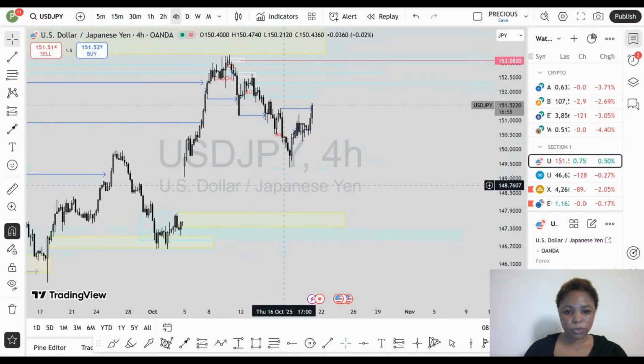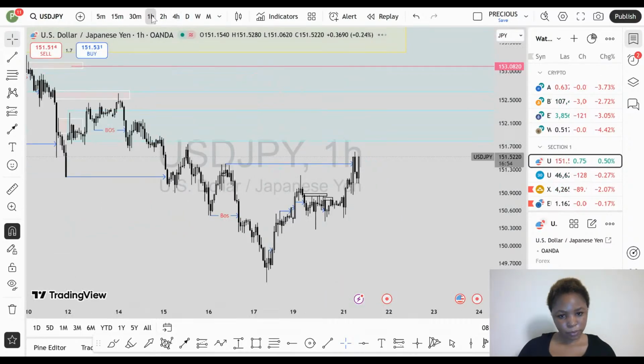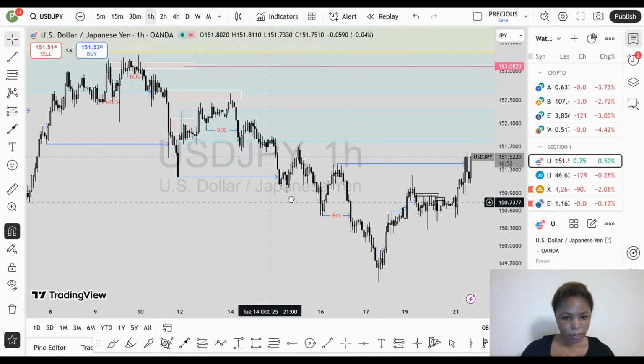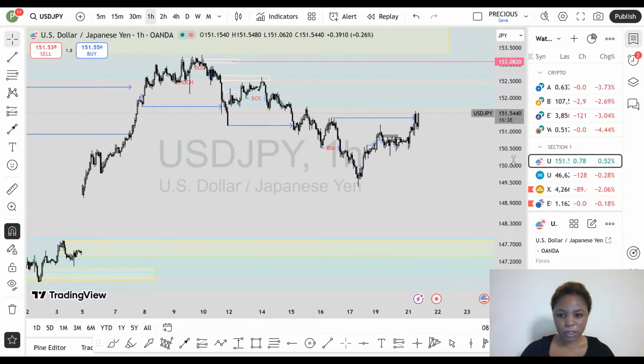Sorry. Let's go to 1 hour. So you guys can see how these structures are. So to mitigate, see price move upward here, targeting this other block here. This other block here has been mitigated.